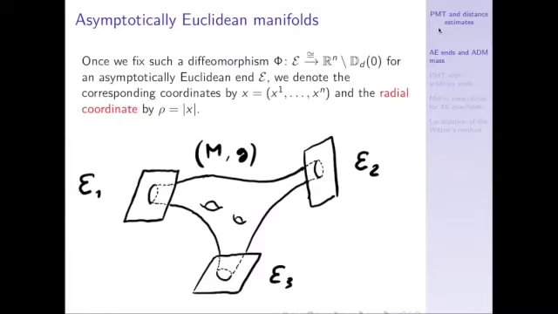Note that once we fix such a diffeomorphism phi, then we have corresponding asymptotically Euclidean coordinates, x1, ..., xn, and we have a radial coordinate. So here I draw a picture of an asymptotically Euclidean manifold (M, g) with 3 ends, E1, E2, and E3.